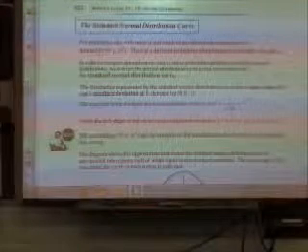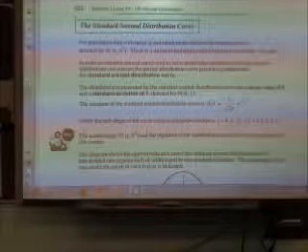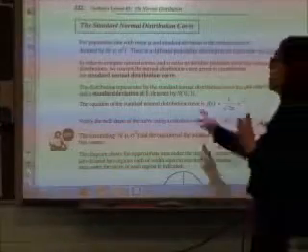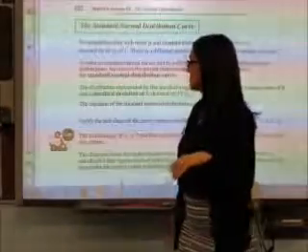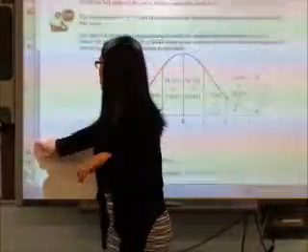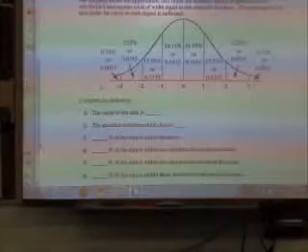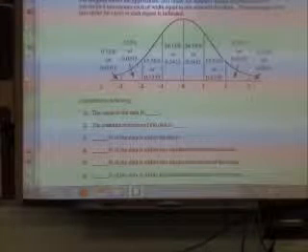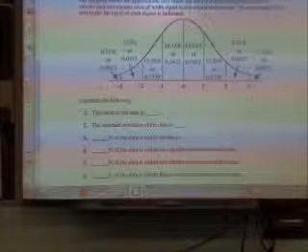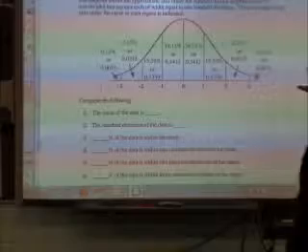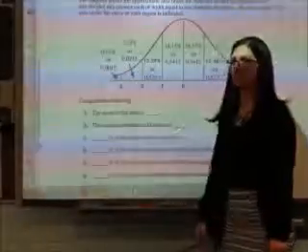So for population data with a mean of mu and a standard deviation of sigma, the normal curve is denoted by the points. Now this curve has calculus behind how it is created. You don't need to know how the curve is created. You need to know what the properties of the curve are.